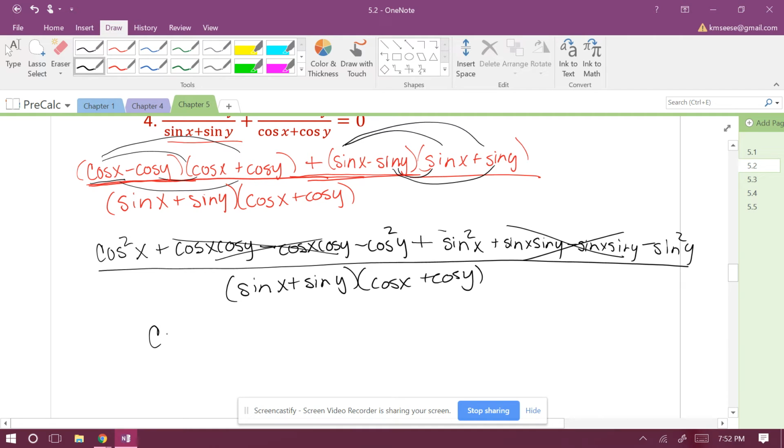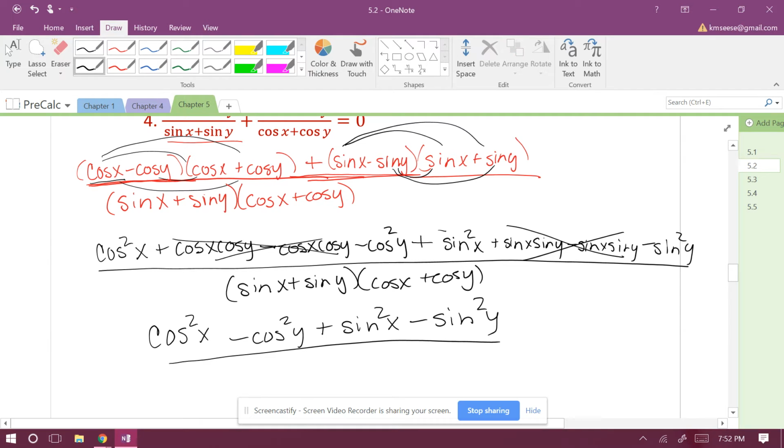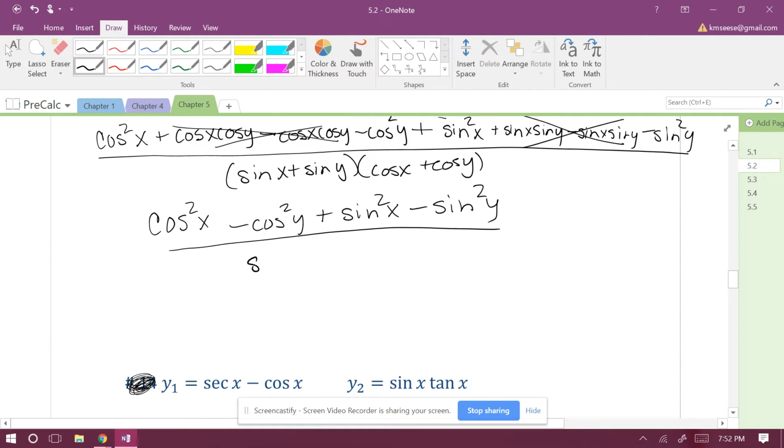So what am I actually left with? I have cosine squared of x minus cosine squared of y plus sine squared of x minus sine squared of y over my denominator, sine of x plus sine of y times cosine of x plus cosine of y.